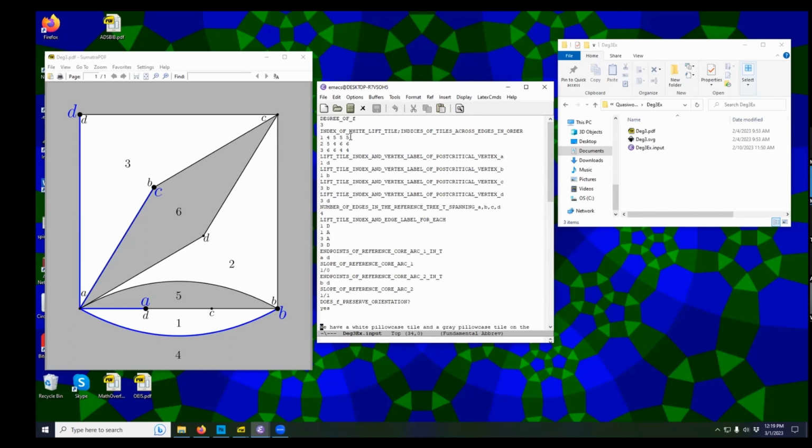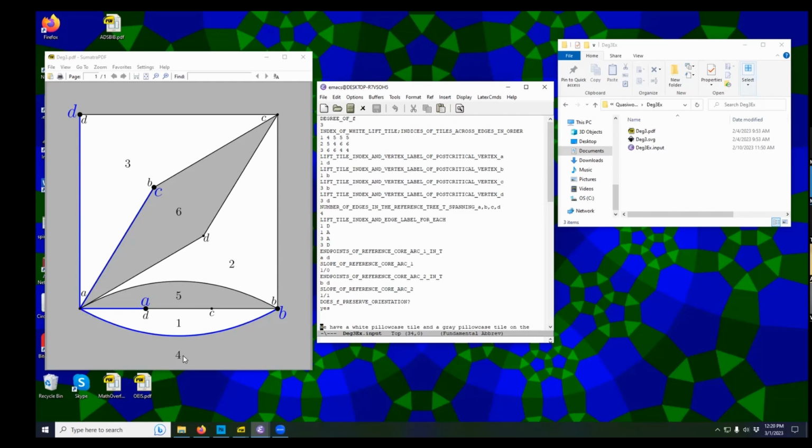Every row corresponds to a white lift tile. So this one here is indicating white lift tile number 1. So we go to white lift tile number 1, and we traverse its edges, starting with the vertex labeled A. So here's the vertex labeled A in white lift tile 1, and we traverse its edges in a counterclockwise fashion, and we go to this edge.